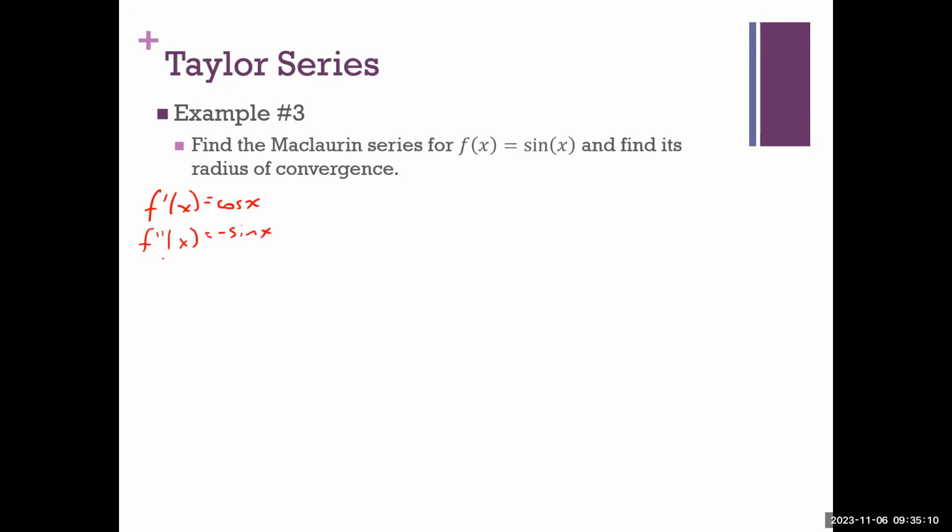Negative sine of x. Third? Negative cosine of x. And fourth derivative, sine of x. Is it cyclical? Well, the next four derivatives look to be the same as these four. Okay, so I think that's enough.